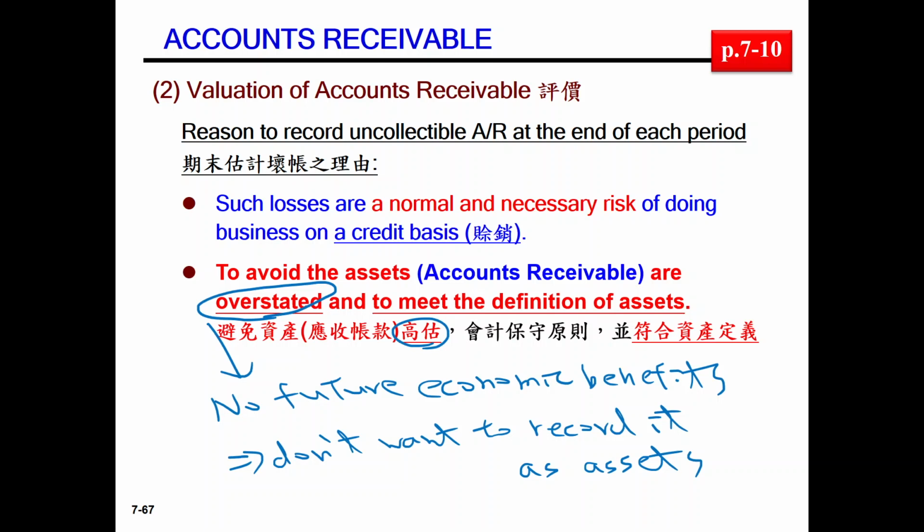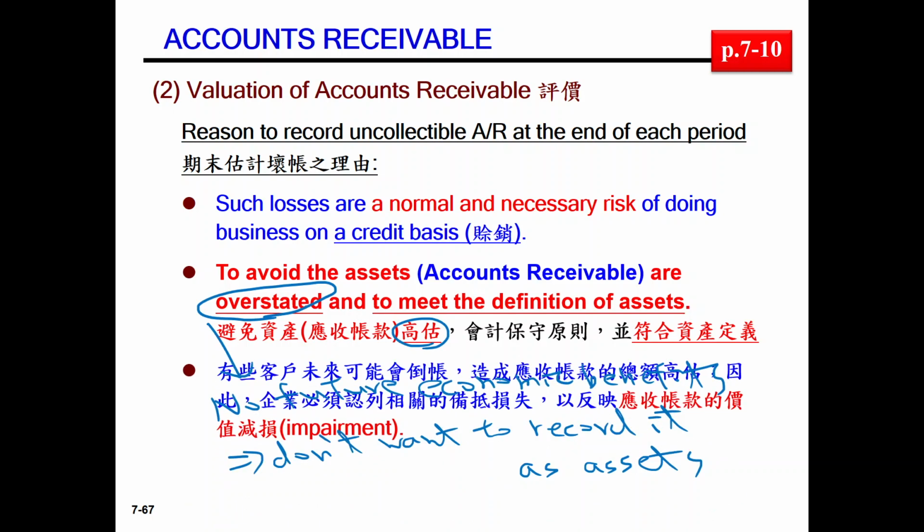Okay? I mentioned that just to help you understand, even though intermediate accounting has different chapters with different topics and different assets, actually we have consistent logic for any assets. Okay, so if you know the logic, it's easier for you to understand why we do that for different assets.